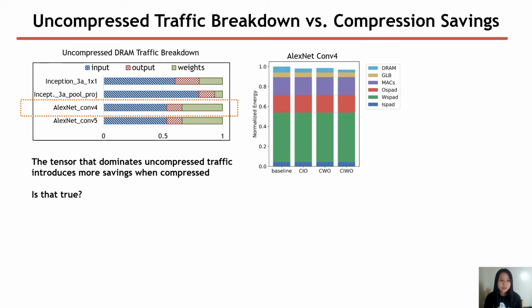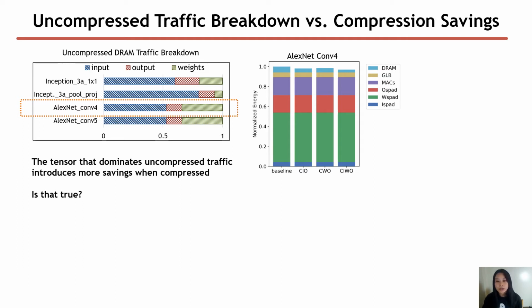So first, let's see whether the uncompressed traffic breakdown and compression savings have some intuitive relationship. One guess people probably have is that if a specific tensor occupies a huge proportion of uncompressed DRAM traffic, as shown in this uncompressed DRAM traffic breakdown, for example, if your input tensor is very significant in this breakdown, you probably want to compress it, because if you are able to compress a portion of it, it will have a larger impact on your overall traffic.